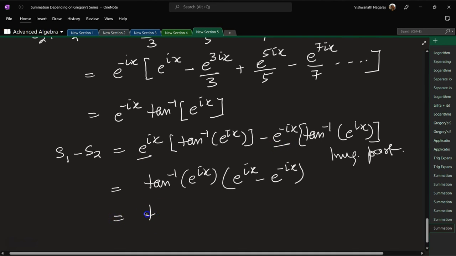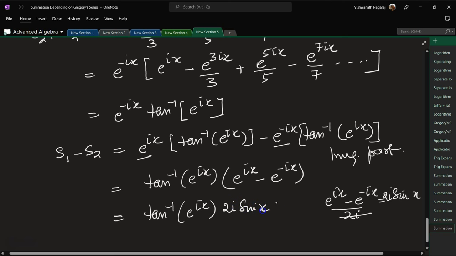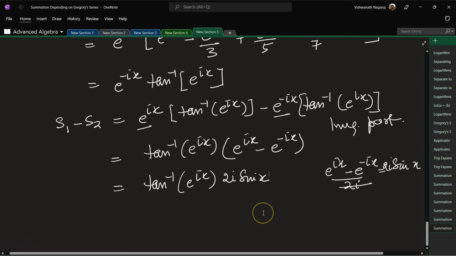Now we know that e to the power of ix minus e to the power of minus ix divided by 2i is equal to sine x, right? That means if we take it to the other side, this becomes 2i sine x. Okay, that is one thing.